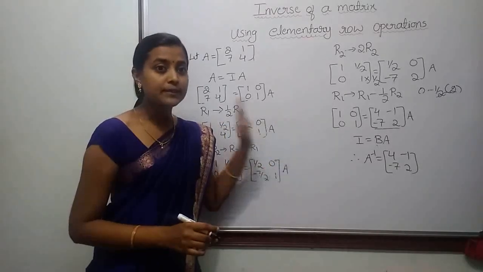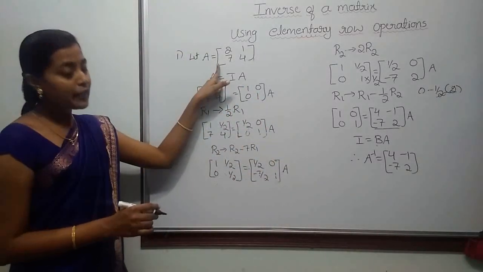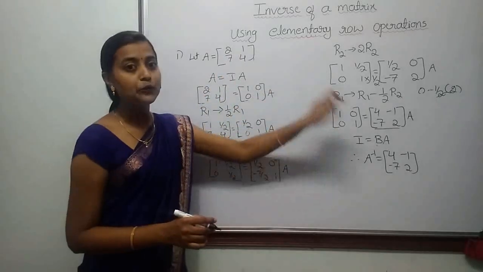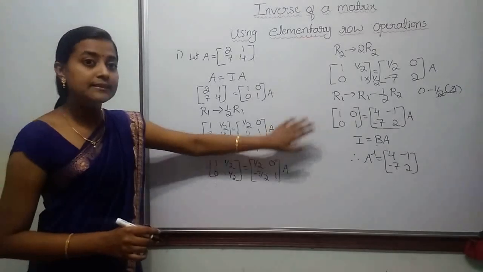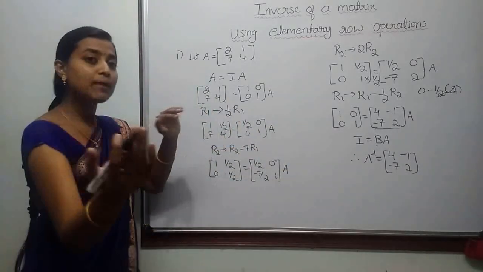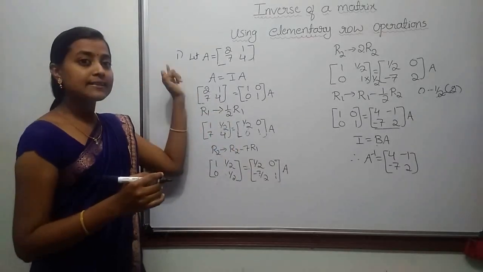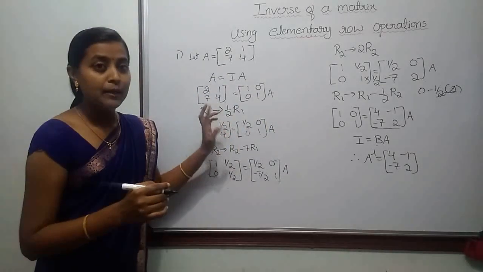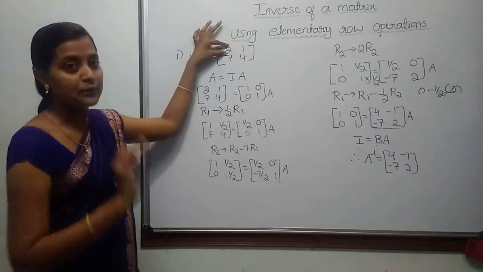So this is the method to reduce the given matrix A into the identity matrix and to find the inverse of A. You can apply the same method to any matrix of order 2, that is, a matrix containing any type of element. But the first element of the matrix should not be 0.